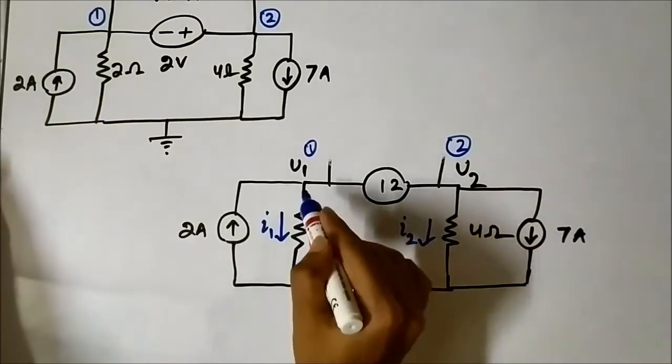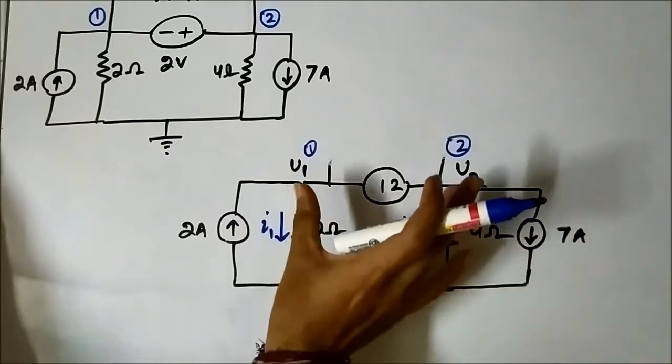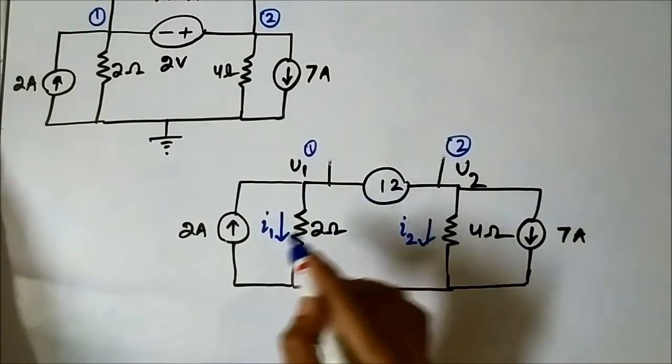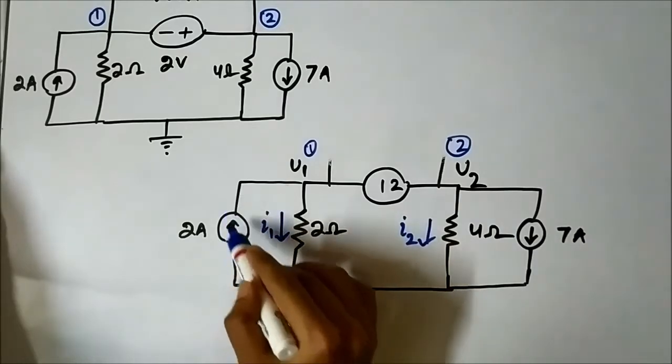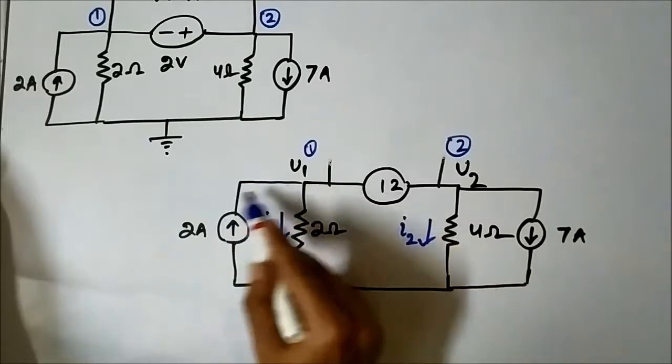Now if we apply KCL at this point and this point, taking the supernode into consideration, you see that 2 ampere is entering the supernode, flowing towards it.